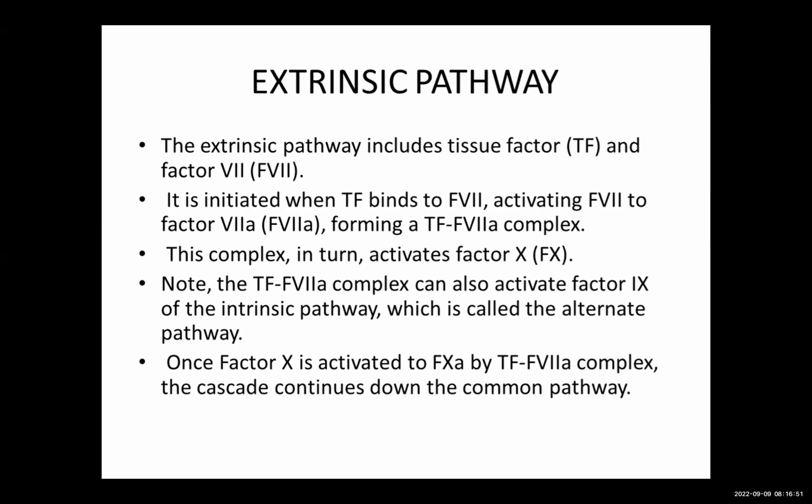It is to be noted that the tissue factor, factor 7A complex can also activate factor 9 of the intrinsic pathway, which is called the alternate pathway. Next, when factor 10 is activated to factor 10A by the tissue factor, factor 7A complex, this cascade continues down the common pathway.